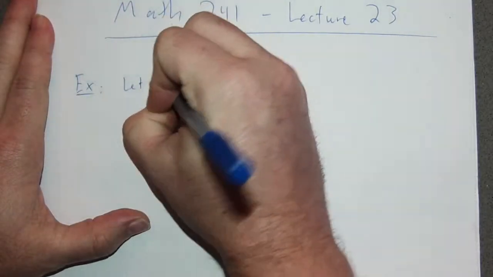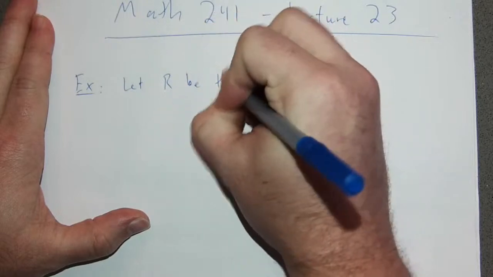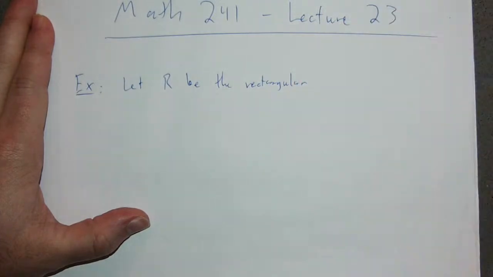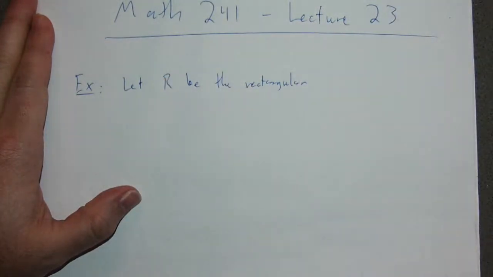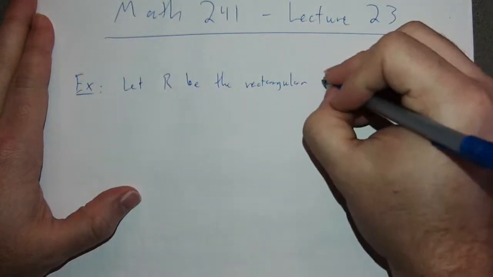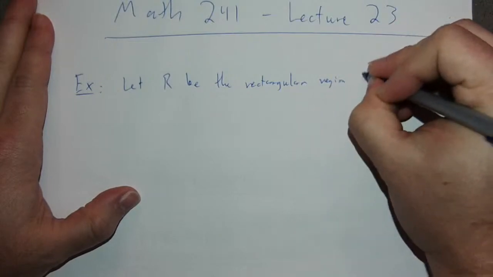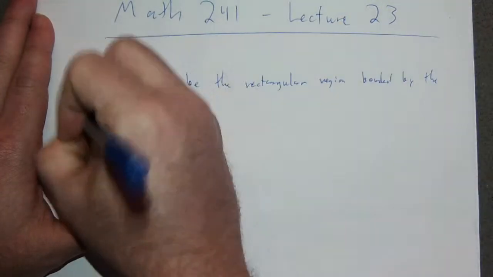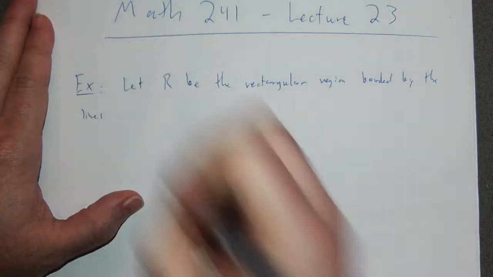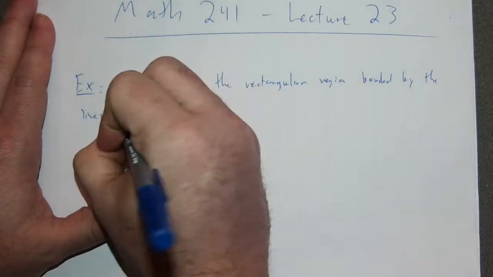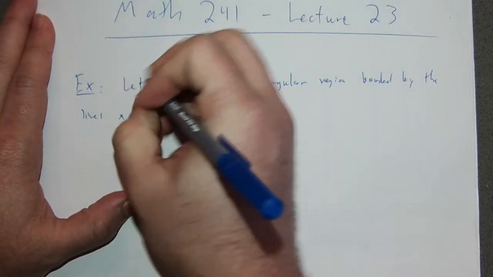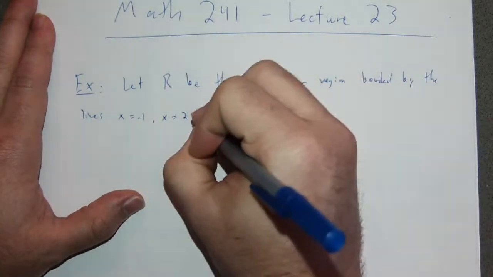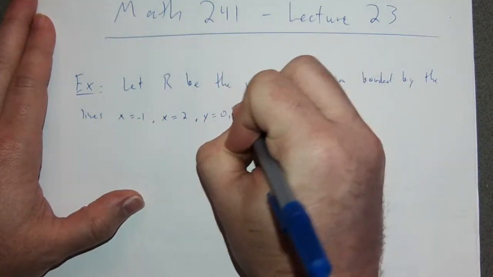Let R be the rectangle, or, well, it's not just the rectangle itself, it's a rectangle and everything inside it. So let R be the rectangular region bounded by the lines x equals -1, x equals 2, y equals 0, and y equals 2.